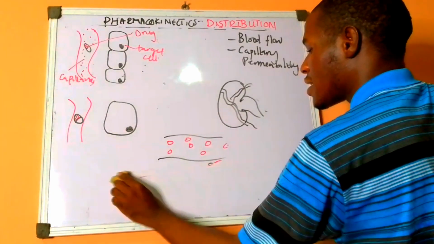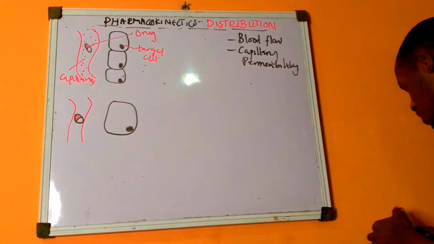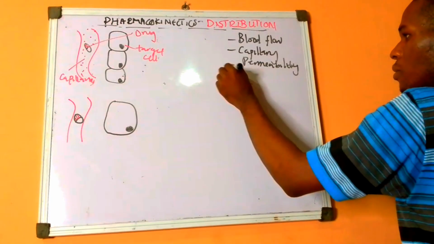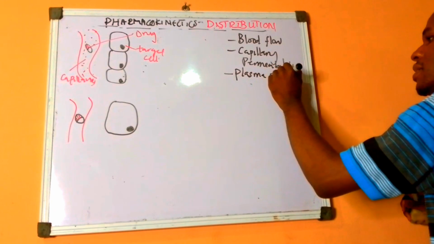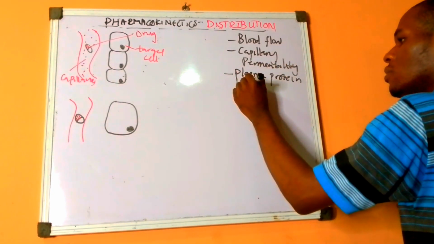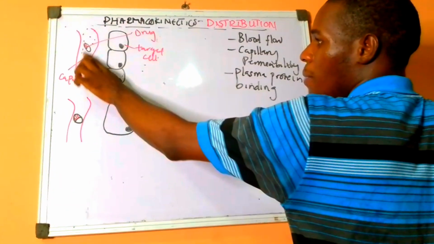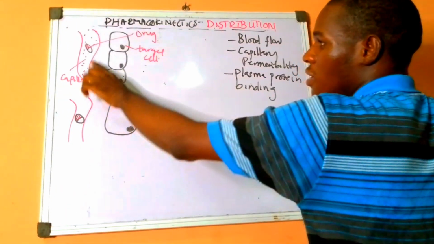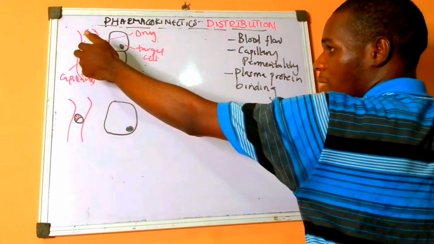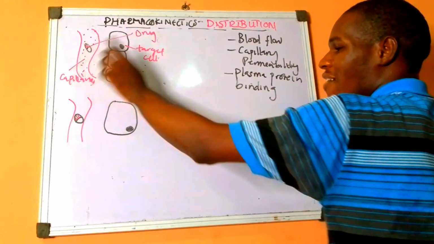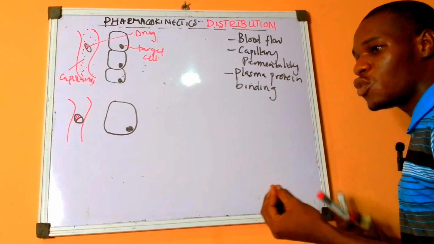Another factor that can affect drug distribution is plasma protein binding. Now, as you can see from this blood vessel, this is a drug, and of course, the drug is in the blood plasma. Within the blood plasma, we have certain proteins that can interact and bind with drugs.